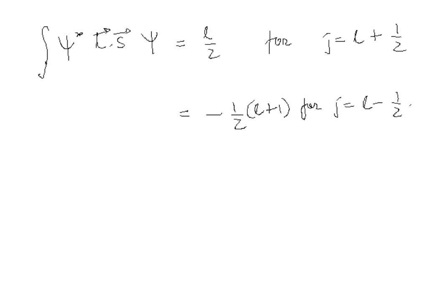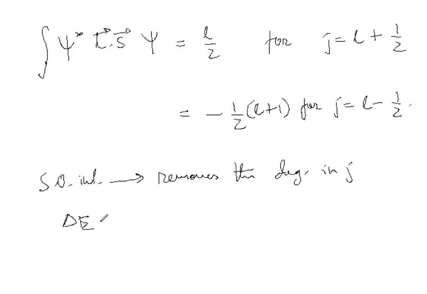So you see what happens is that the spin-orbit interaction basically removes the degeneracy in J. Anticipating that the best experimental result will be obtained if the orbitals for larger J have the energy lowered, we admit a negative value of alpha. As a result, we can write the energy increment like this.